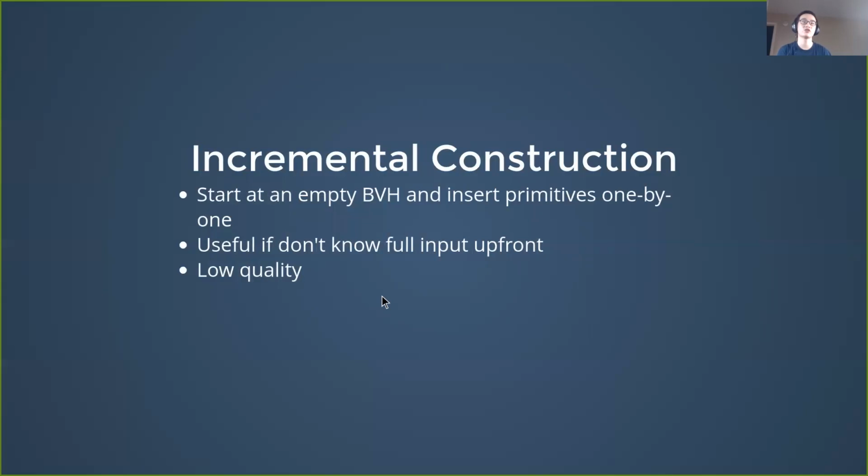Then there is incremental construction, which is the oldest technique to construct a BVH. It starts with an empty BVH and inserts primitives one by one. It is useful if we don't know the full input upfront because we can just stream the input from the internet or something and then insert them into the BVH. But on the other hand, it creates a pretty low quality BVH.